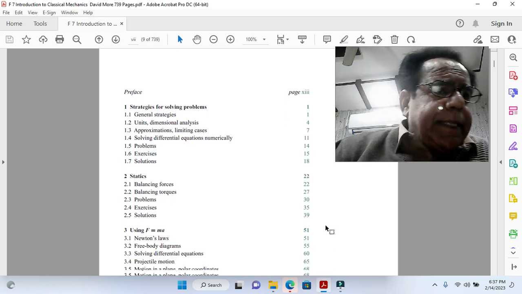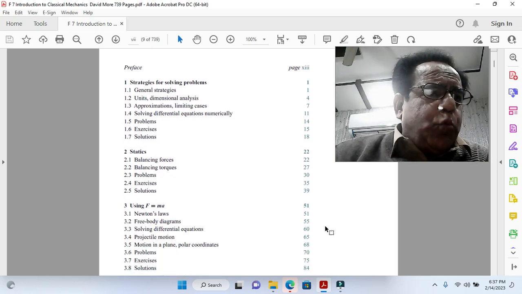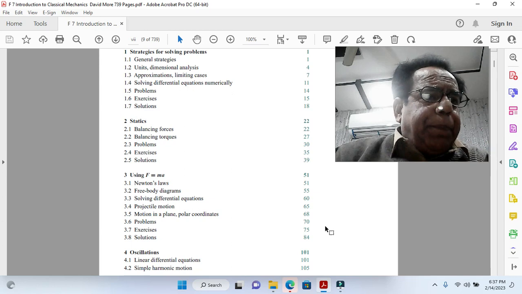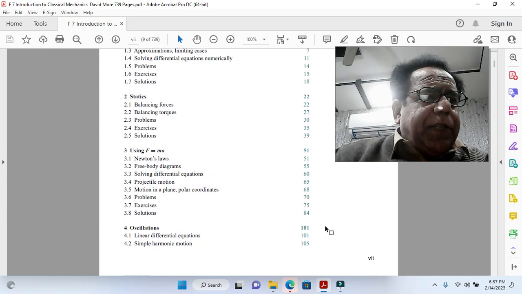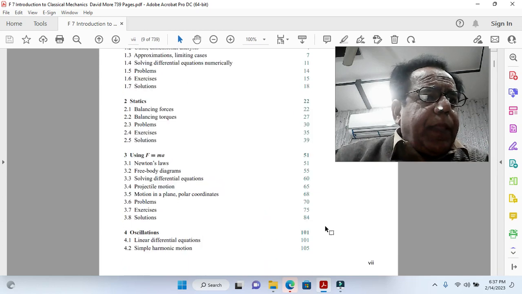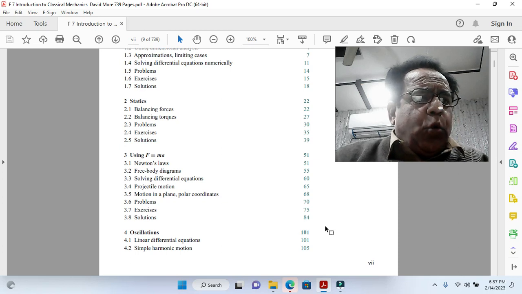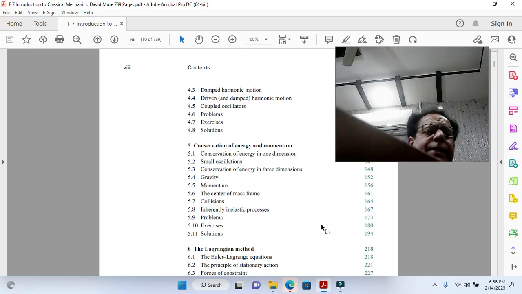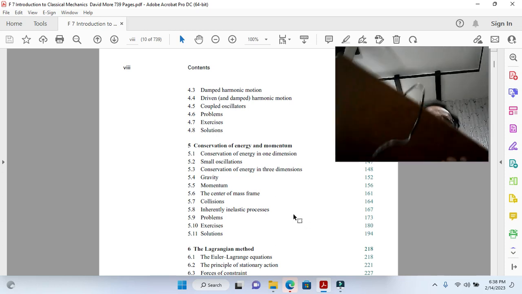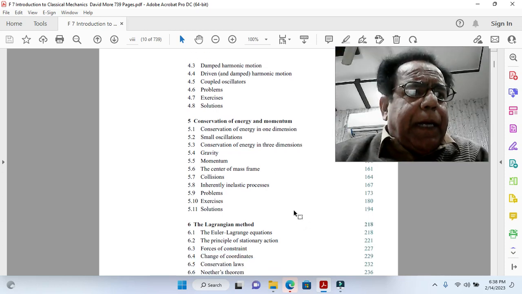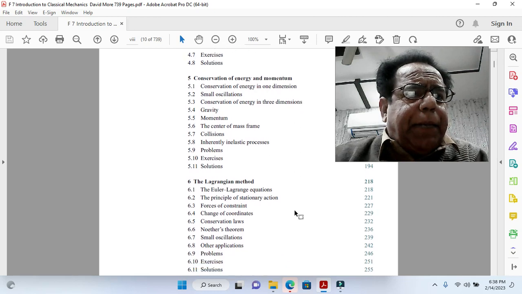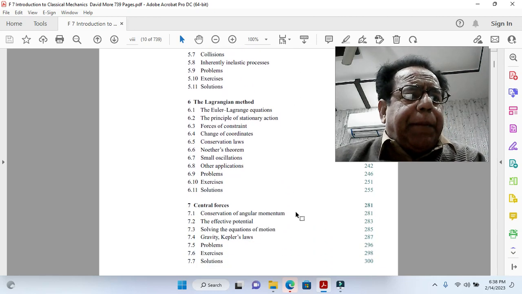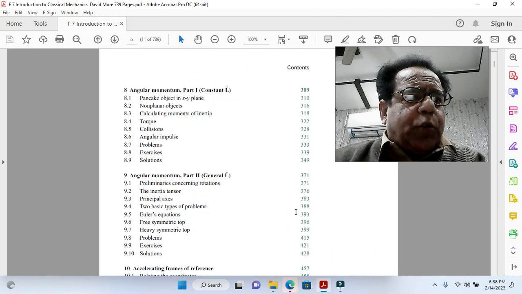Chapter number 3 is using F equal to MA. Chapter number 4 is oscillations at page number 101. Chapter number 5 is conservation of energy and momentum. Chapter number 6 is the Lagrangian method. Chapter number 7 is central forces.